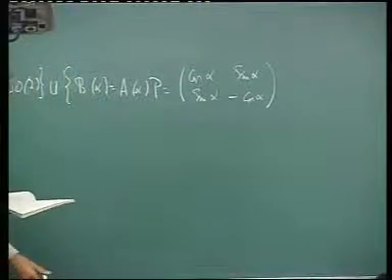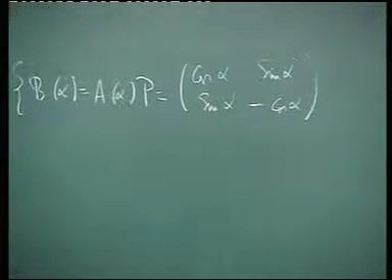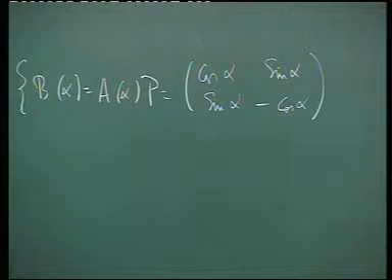You should convince yourself, it is elementary matrix algebra, a 2 by 2 orthogonal matrix with determinant -1 can always be written in this way.